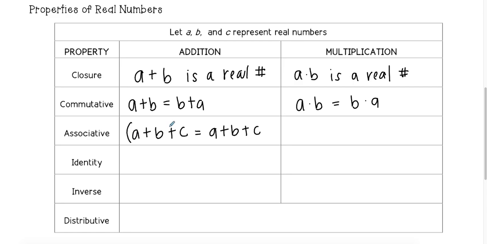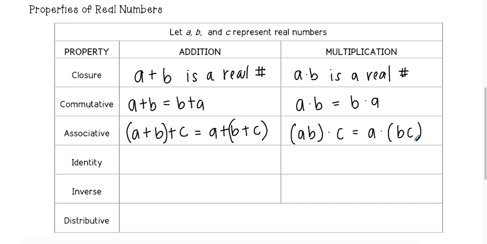If I put A plus B in parentheses, it will be the same as if I put the parentheses around the B plus C. Okay, so the grouping changed, my associates, my group of friends. Grouping changes, order remains the same. Same thing with multiplication. I would do A times B times C is the same thing as A times B times C in parentheses over here.